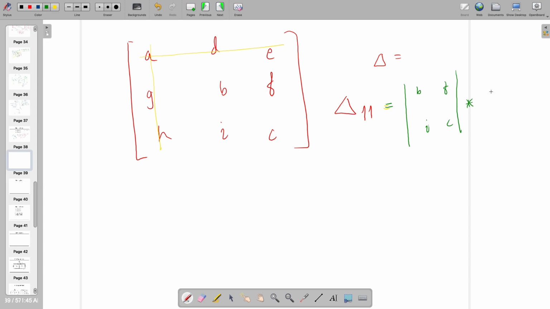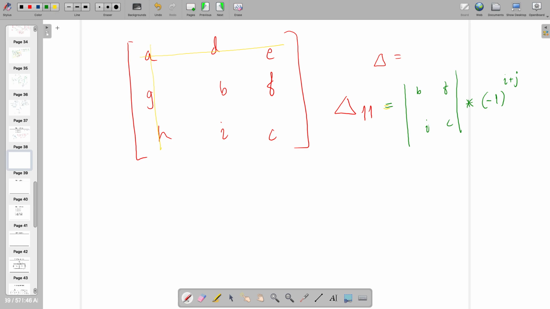It has to be multiplied by minus 1 raised to i plus j. That was one mistake; I kept multiplication, but it has to be plus. So if it is 1 1, this becomes plus 1, so you multiply with plus 1.